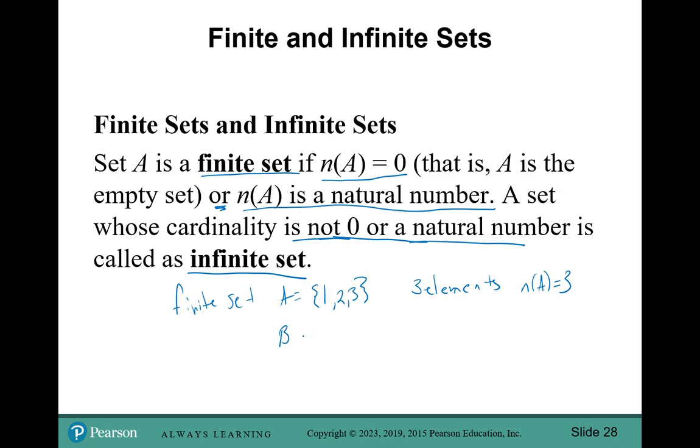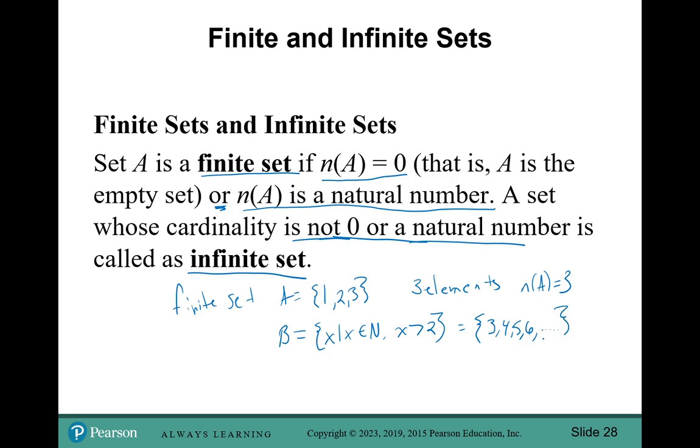If you had another set B, which was x such that x is in the natural numbers and x is greater than 2, that set, if you wrote it in roster notation, would be 3, 4, 5, 6, and it would continue on forever.